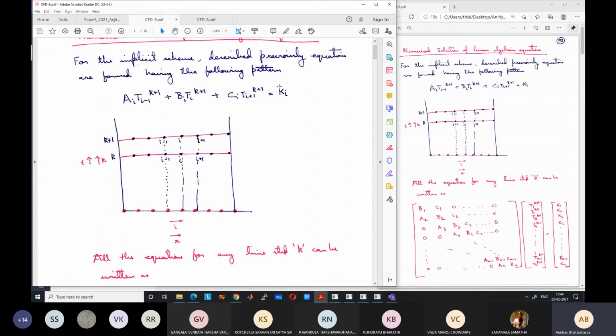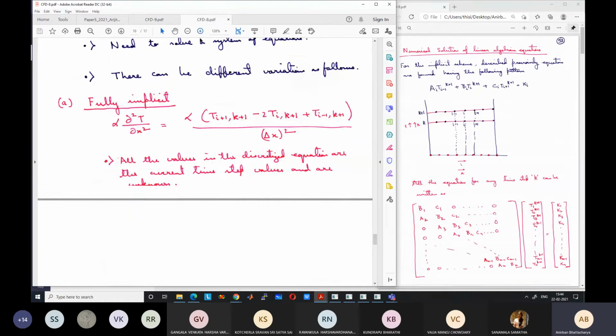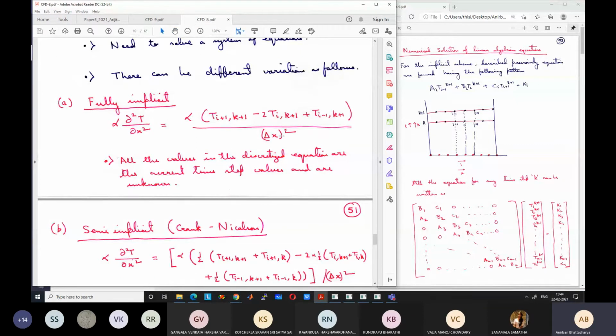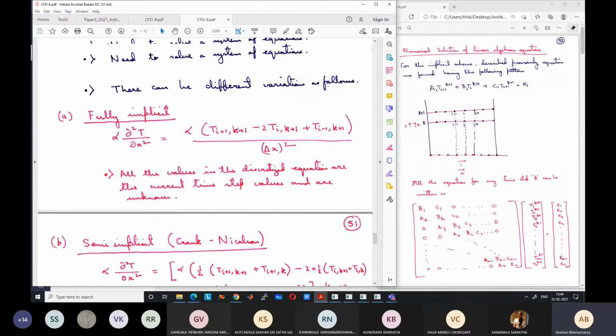The known values are all put together in the term Ki. This may have the old temperature values from the previous time step, as well as any source term values. And the coefficients are known. Coefficients are generally functions of alpha, delta x, delta t. If you go back to the equation, you will see that alpha and delta x squared are all known values from the discretization, so the coefficients will come in the form of these values.